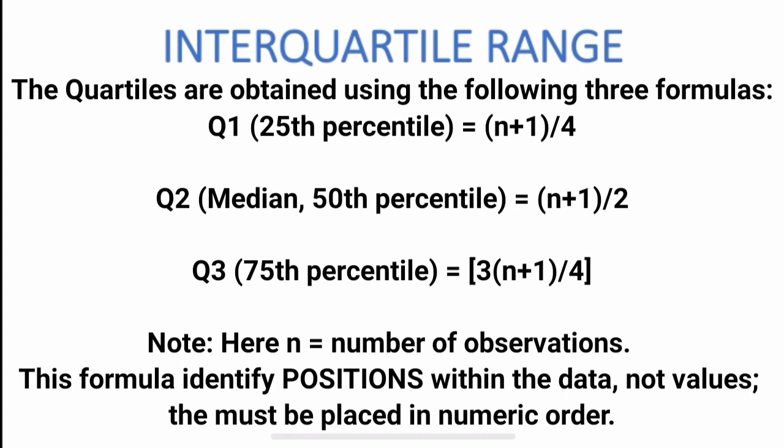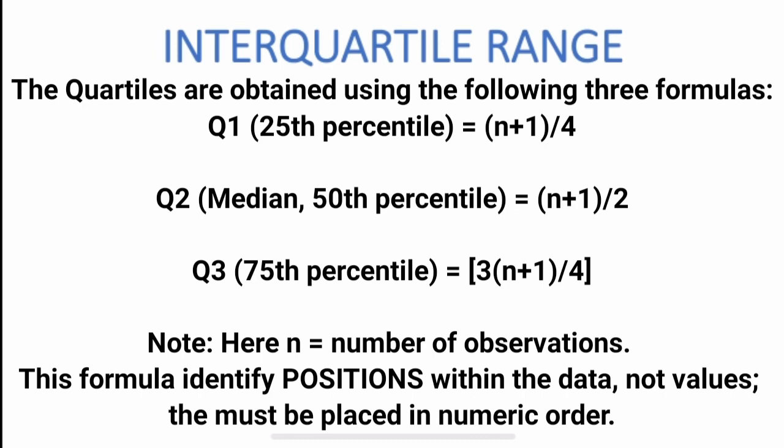Q1, which is the 25th percentile, is calculated by (n plus 1) upon 4, where n is the number of observations. Q2, also known as the median, the 50th percentile, is calculated by (n plus 1) by 2, and Q3, which is the 75th percentile, is calculated by 3 into (n plus 1) divided by 4. Note here, n is the number of observations.